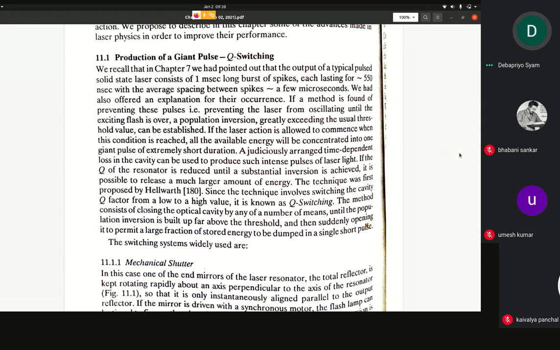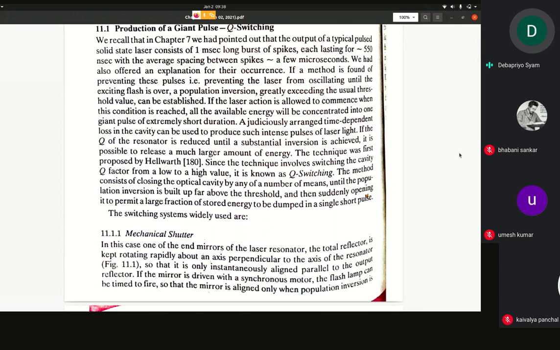So a huge amount of energy appears in the form of electromagnetic radiation within the cavity, and which is then radiated away as a burst of radiation. So that way you get a huge output pulse.